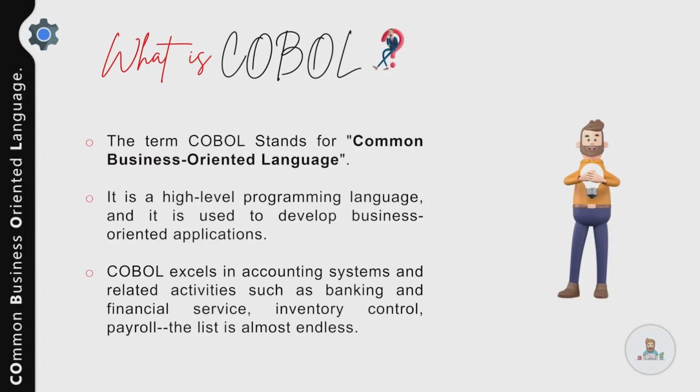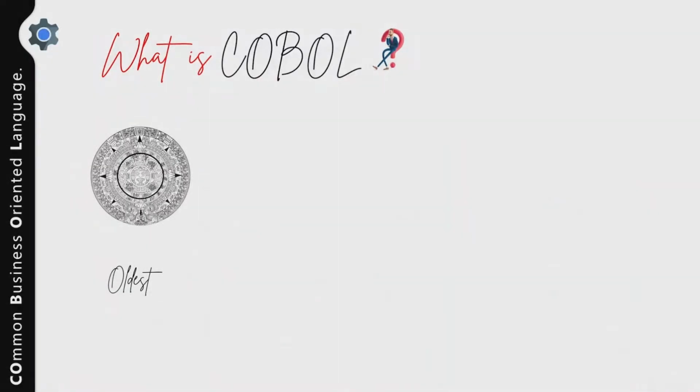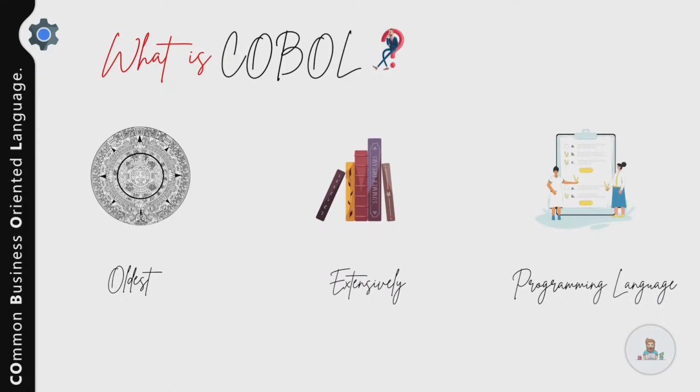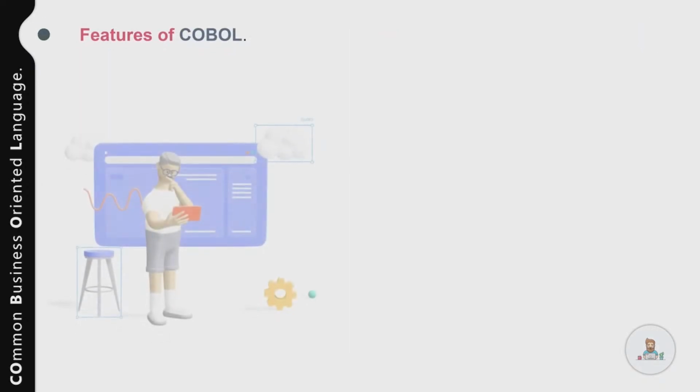The list is almost endless. So finally, COBOL is one of the oldest and most widely used programming languages. It is not only used on IBM Mainframe, but it is also heavily used on Windows and the cloud computing platform. Now let's talk about the features of COBOL.